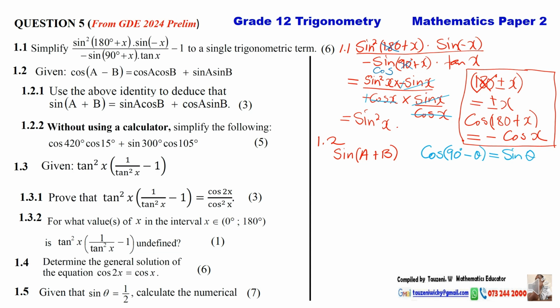So in this formula, in place of theta, we substitute theta with a plus b, such that cos 90 minus theta becomes cos 90 minus a plus b, which is equal to sine theta, and the sine of theta becomes the sine of a plus b.